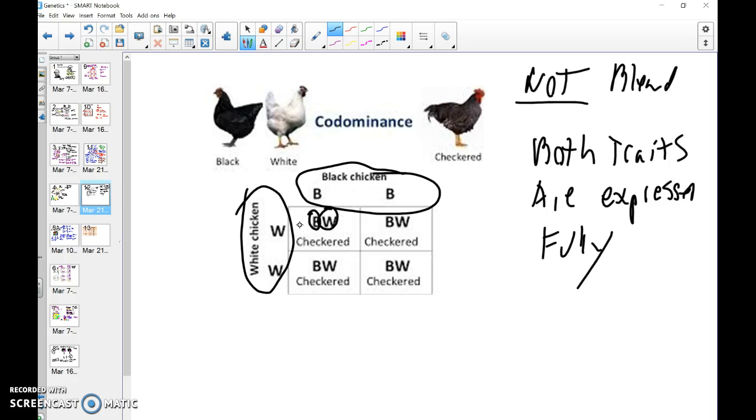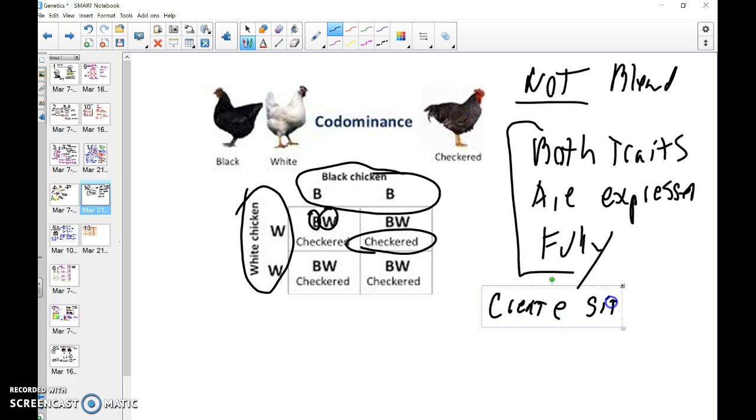Well, this isn't simple dominance, so one of them doesn't end up hidden. This is not incomplete dominance, so you don't end up with gray chickens because it's not a blending of white and black. Instead, you end up with chickens that have a checkered feather pattern, some white, some black, because both traits are expressed fully. Now, this can create a situation with multiple phenotypes.